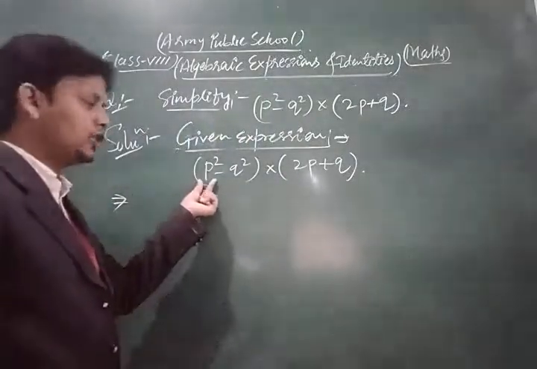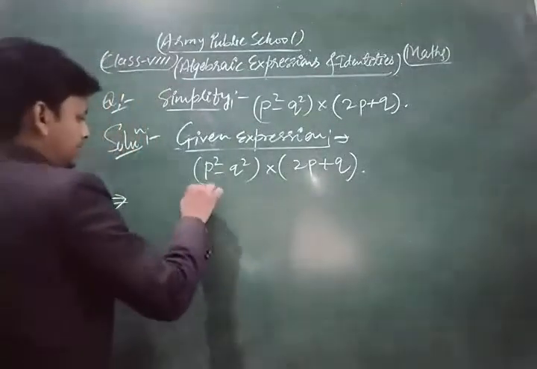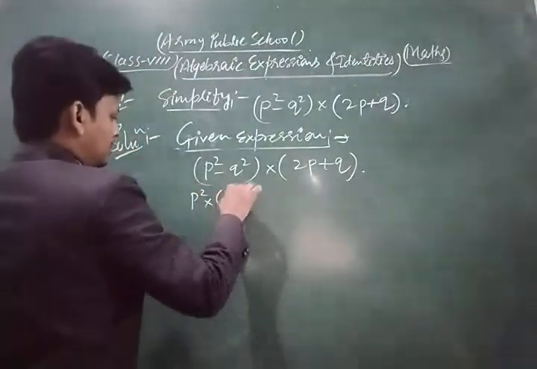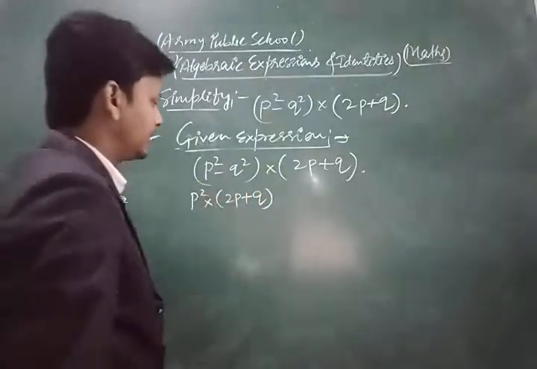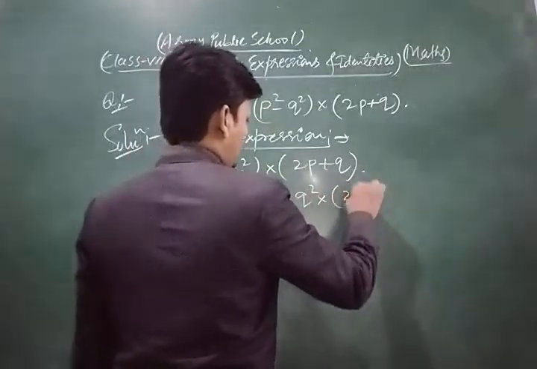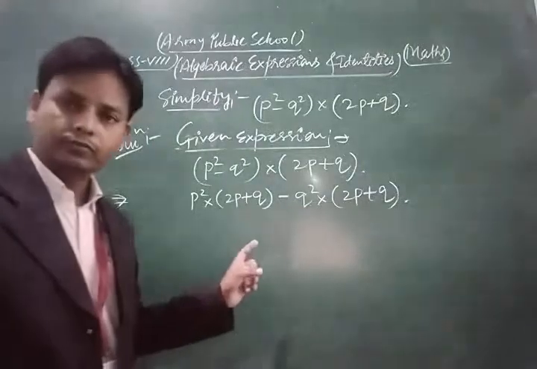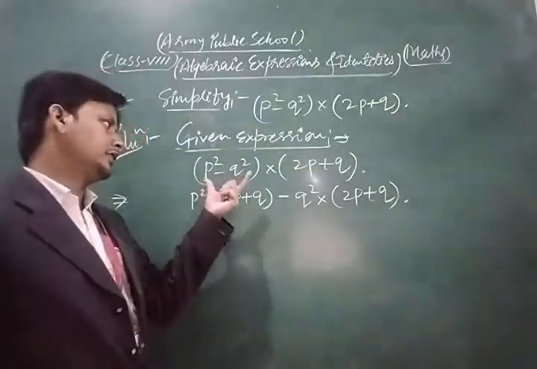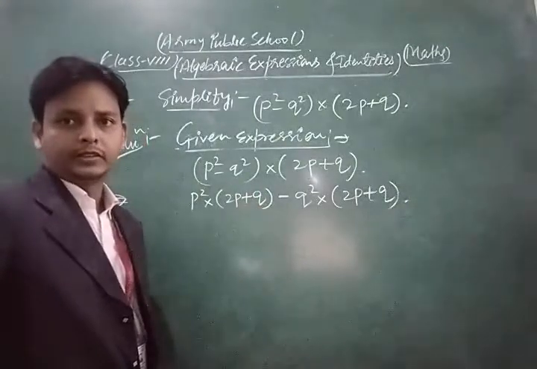First of all, we write p square into the whole expression, that is p square into 2p plus q, and now minus q square into 2p plus q. So first of all, we write the given expression in this format.